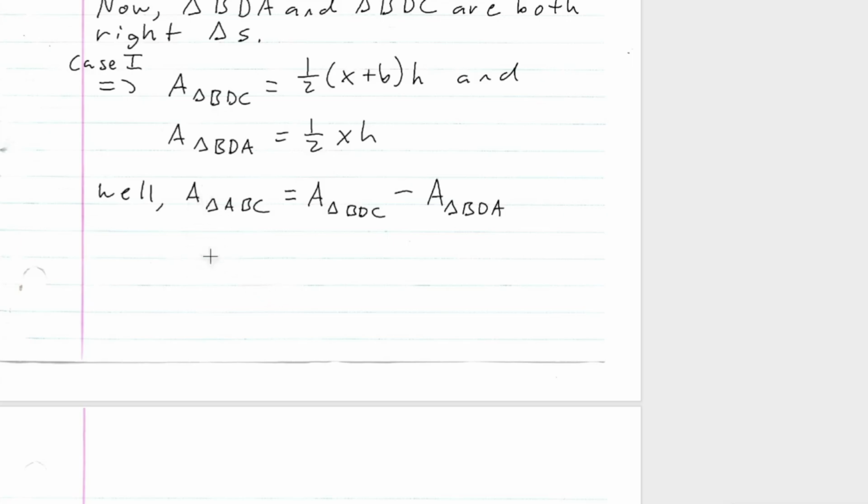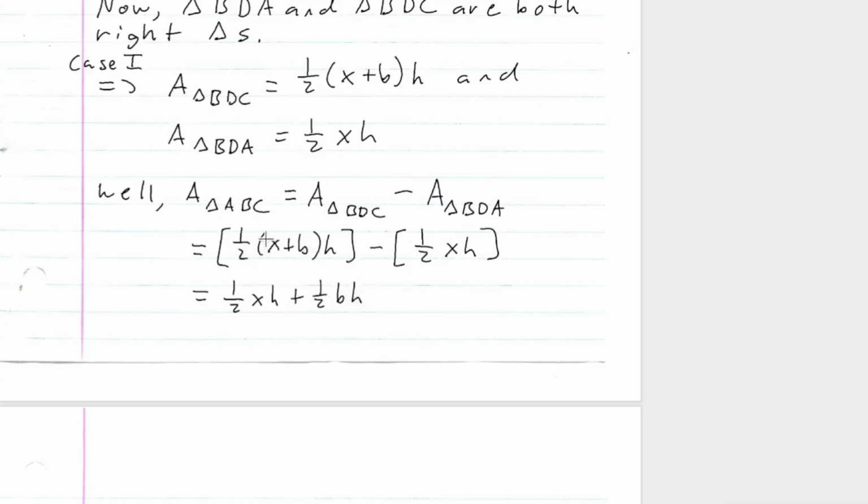So we know BDC is going to be 1/2 X plus B times height, minus the area of BDA, which is 1/2 XH. So this will be 1/2 times X, and H times X is 1/2 XH, plus 1/2 base times height, and then minus 1/2 XH.